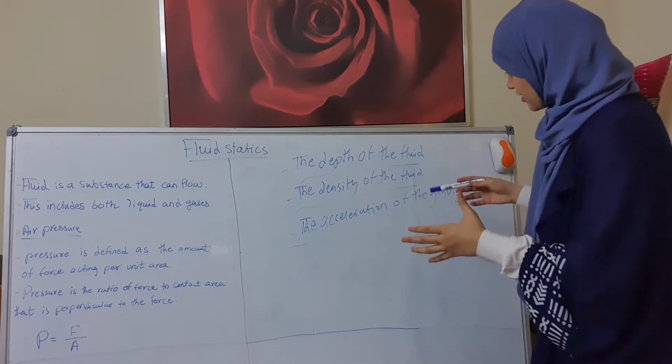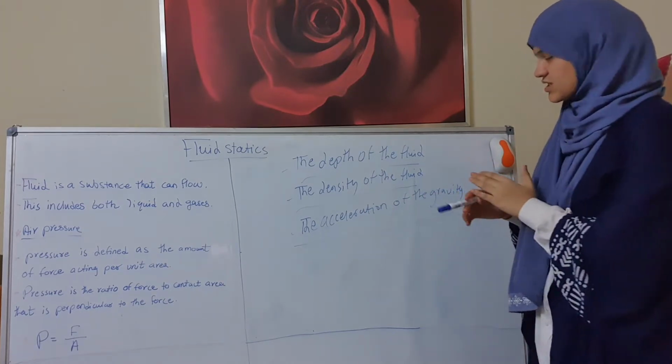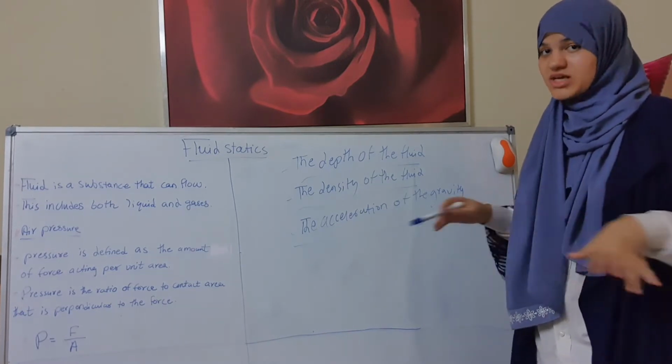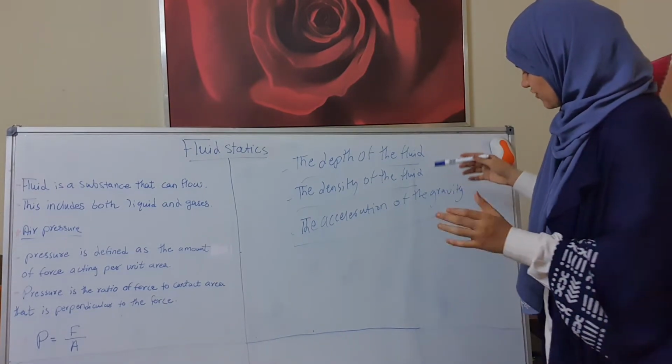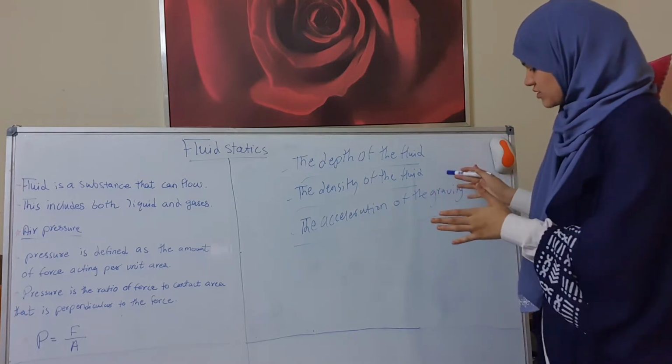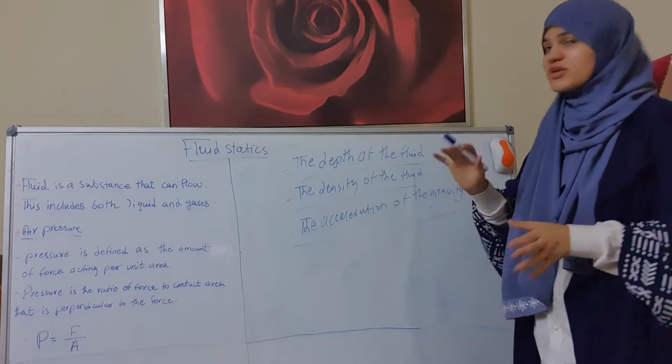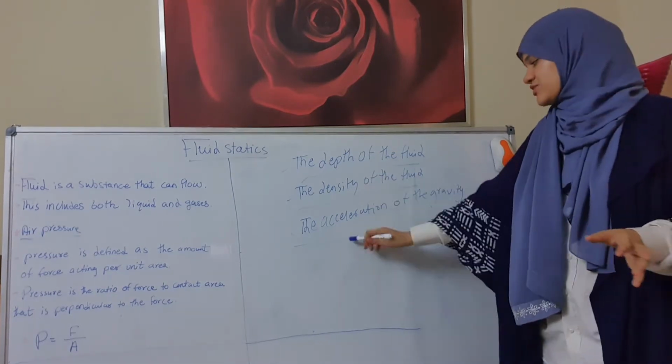And pressure acts equally in all directions in the container. Also, the pressure of the liquid does not depend on the shape of the container, as we said before. It depends only on the depth, the density and the acceleration of gravity.